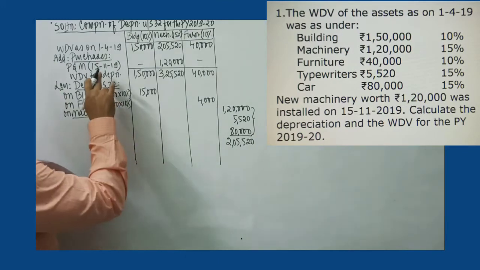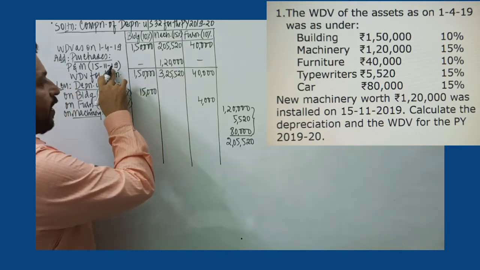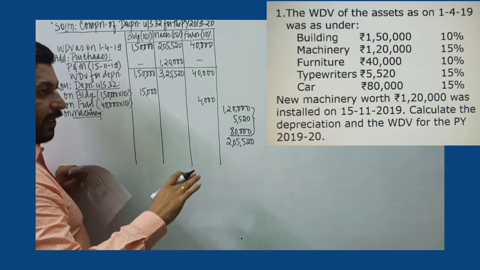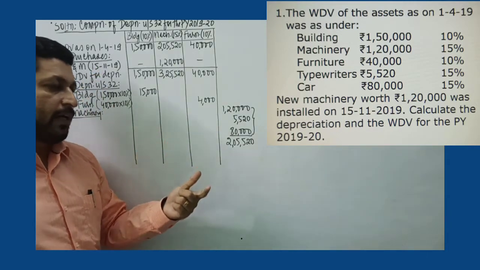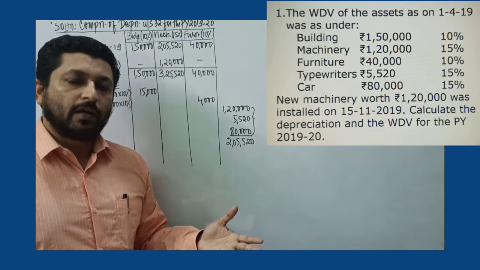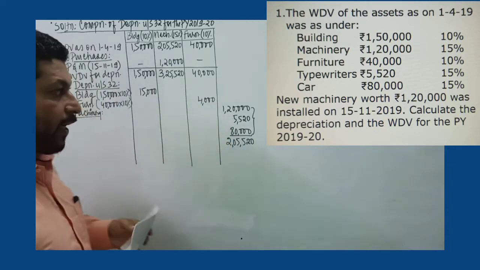First of all, if we check, this machine is purchased on 15th of November, purchased and put to use on 15th of November. That means this asset has been used for less than 180 days. Because if we take 16 days of November, 31 days of December, 31 of January, 29 of February and 31 of March. So even if we put together, it is less than 180 days.